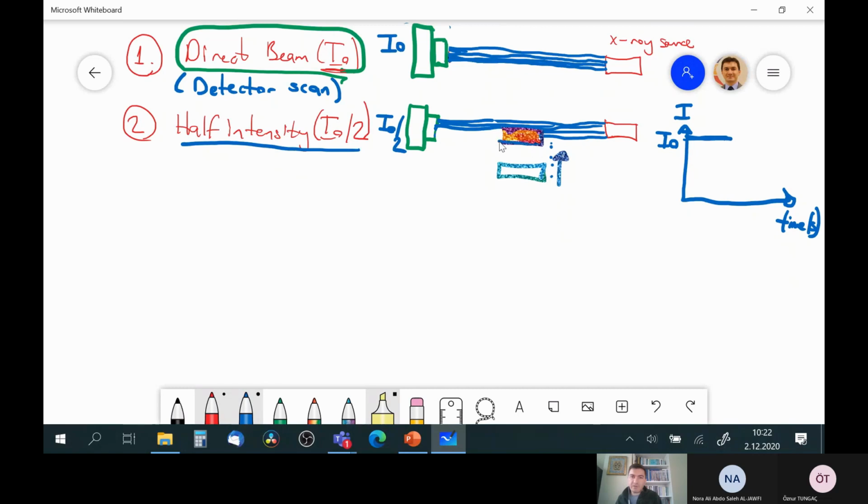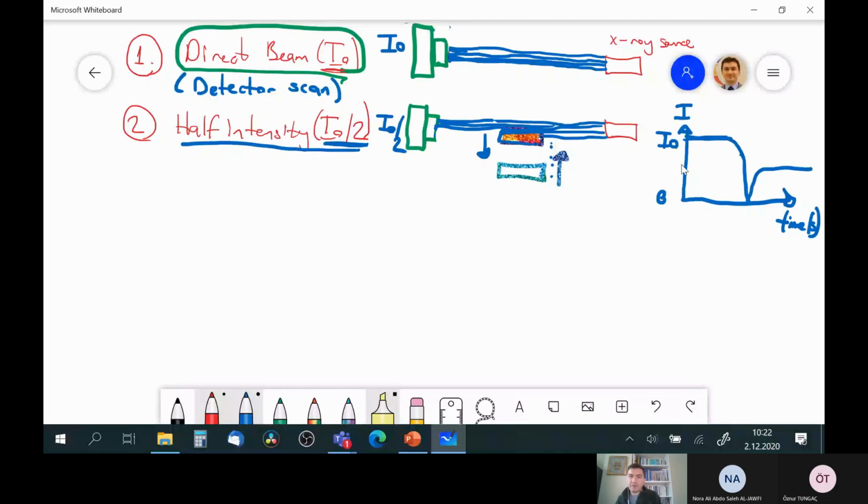Whenever the sample starts to enter the beam, the intensity goes down. And if you move the sample completely into the beam, then you completely cut the beam, so the intensity will go to 0. But we need half intensity. So you move the sample back a little bit, then the intensity increases. Here at this point, we have half intensity.